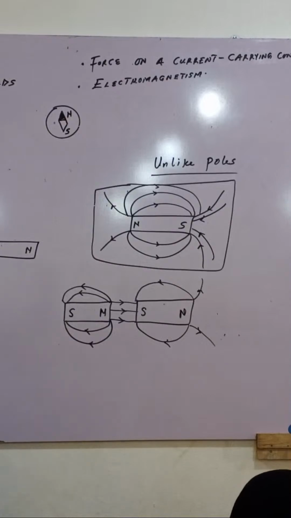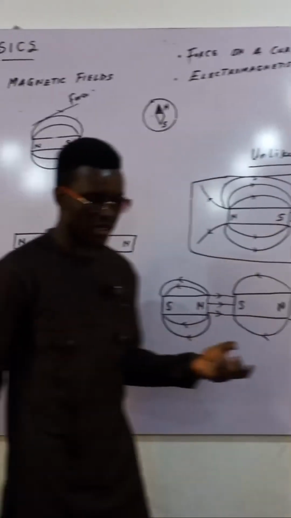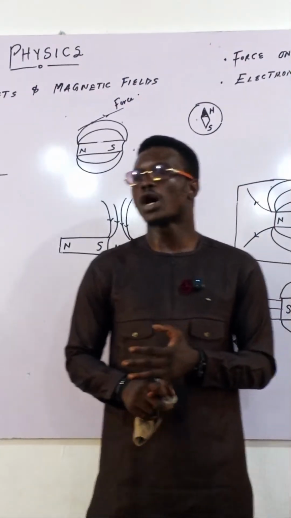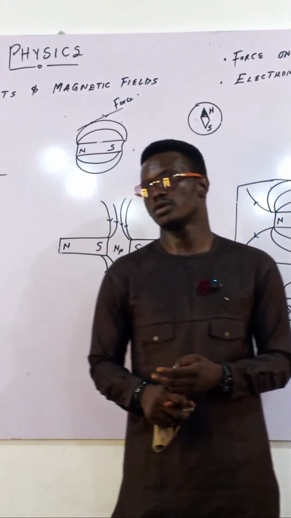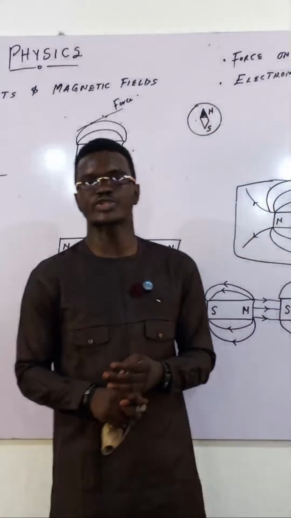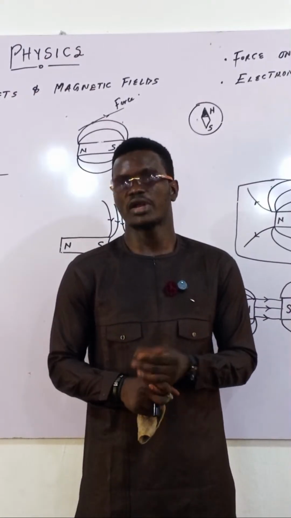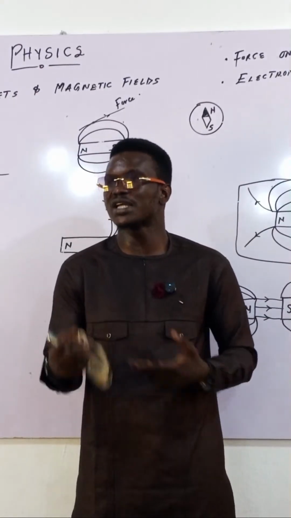So properties of magnetic field lines. What are the properties? Number one, it runs from north to south. I already gave you the definition that it's an imaginary line.